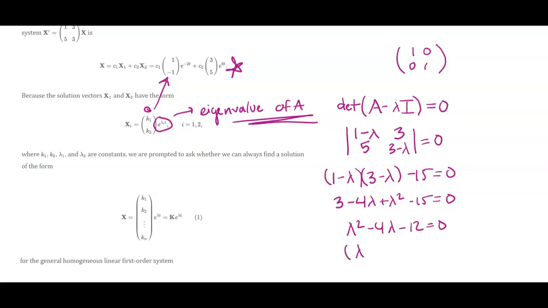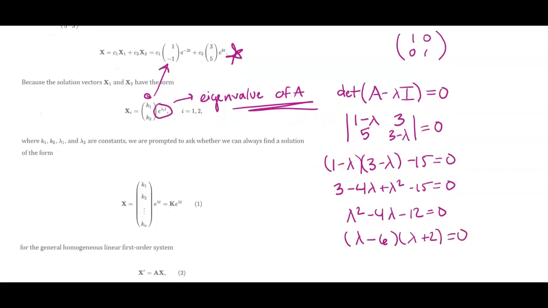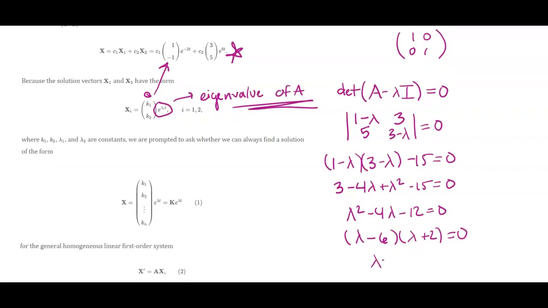If I factor this, I get negative 6 and 2, so these eigenvalues end up becoming 6 and negative 2. And that's where our lambdas are plugged into this problem.